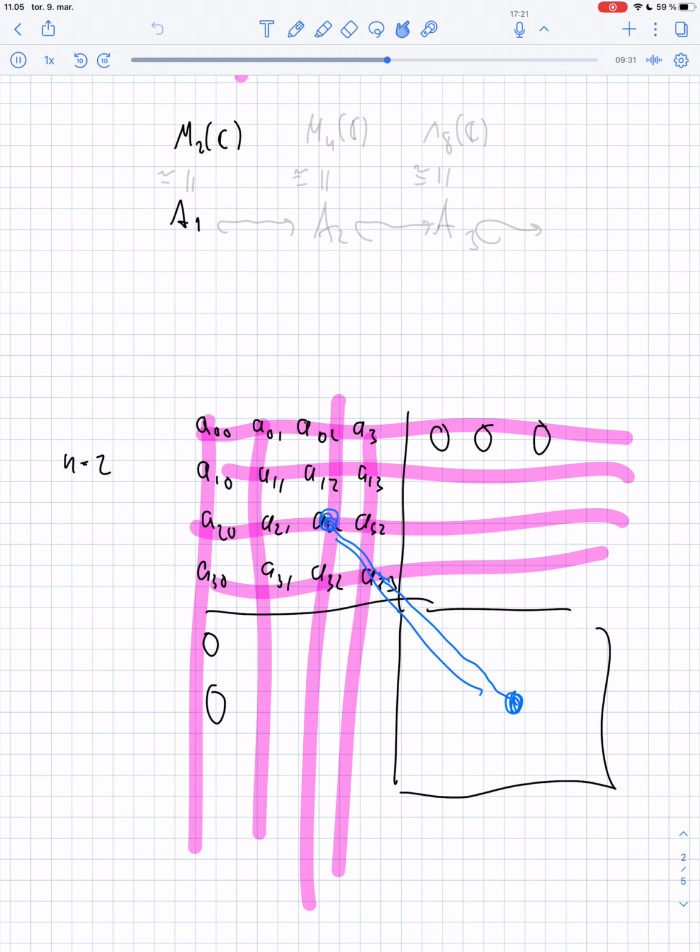So if you just see what this means, this is precisely like saying that A2 is the same as M4, and A3 is the same as M8, and so on. So you may wonder why I'm doing it this way.